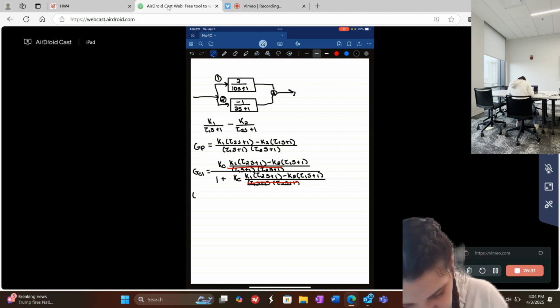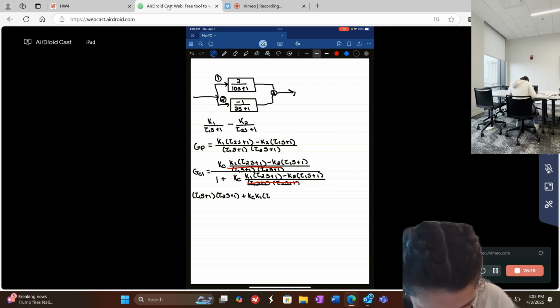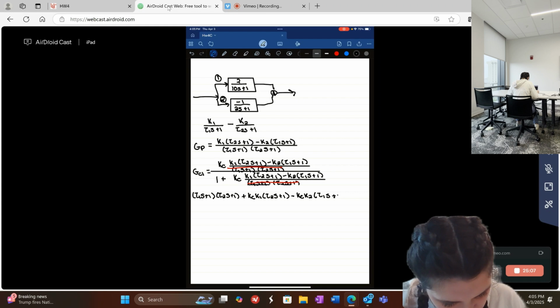So I'm going to end up with tau 1 s plus 1 times tau 2 s plus 1 plus kc k1 tau 2 s plus 1 minus kc k2 times tau 1 s plus 1.